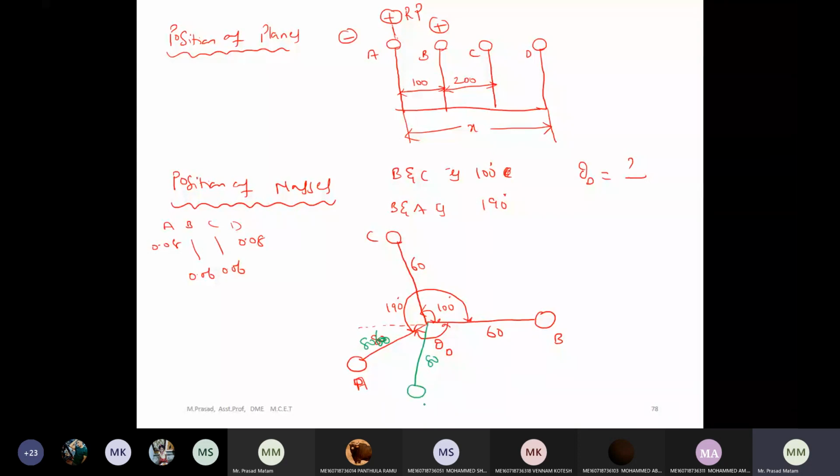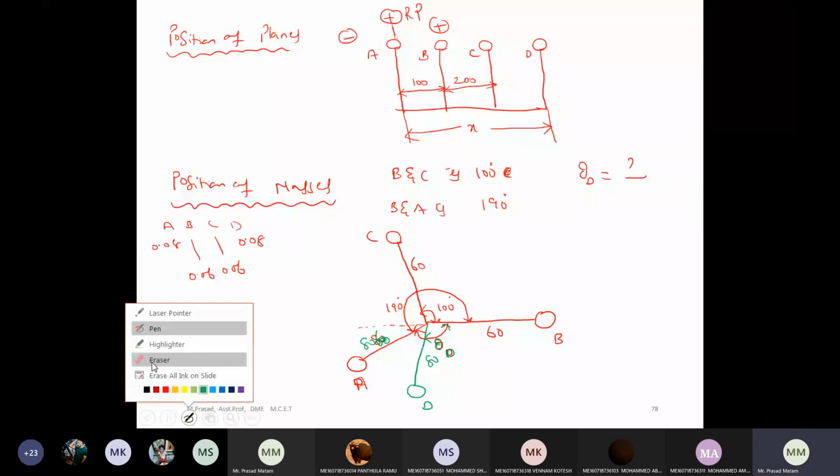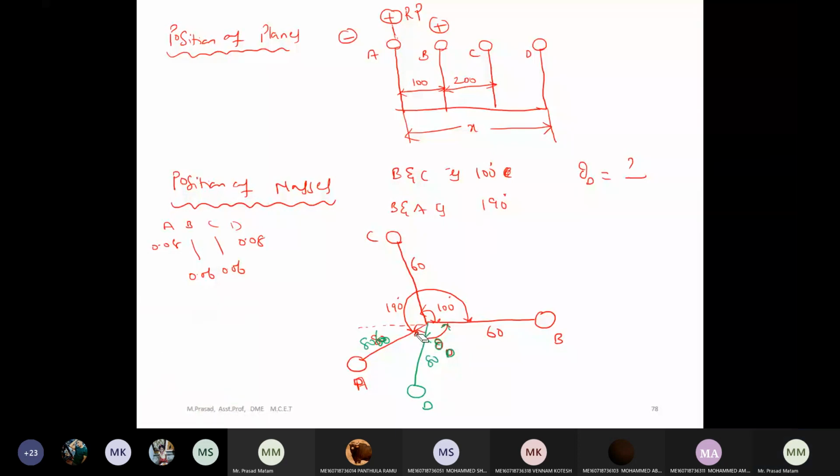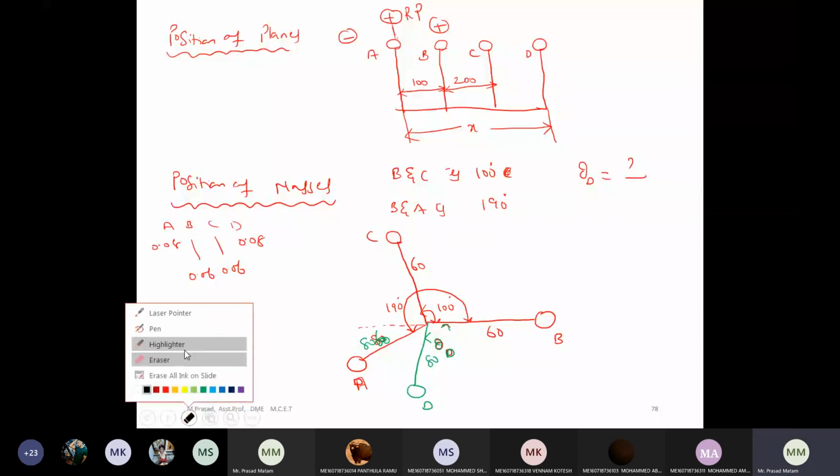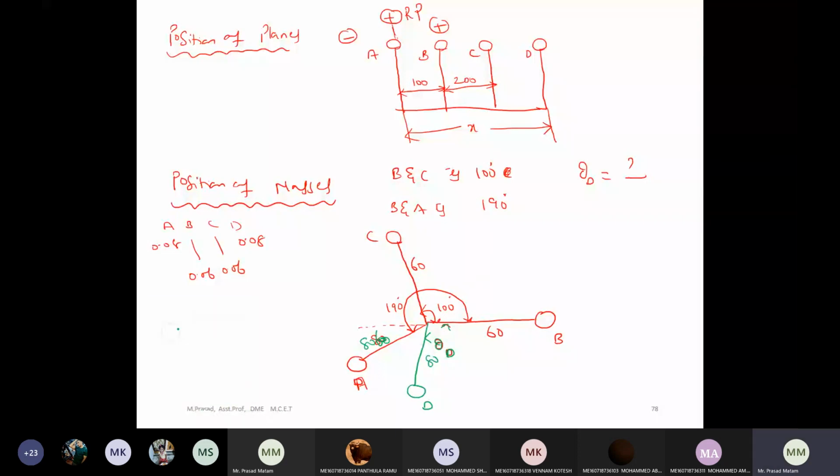This is for plane D. Now we are supposed to find out this angle theta D. Is this diagram clear, dear students?